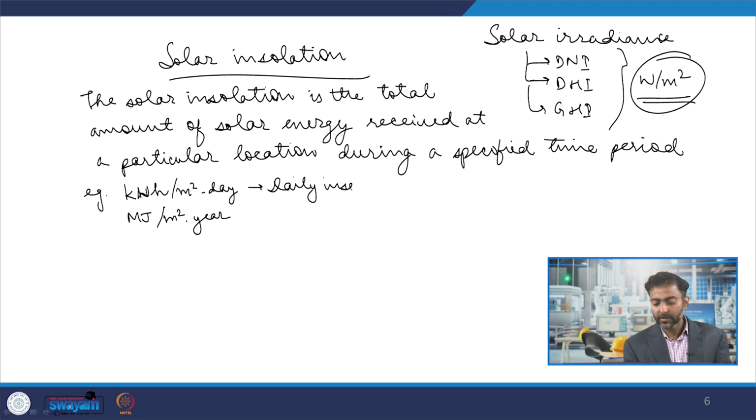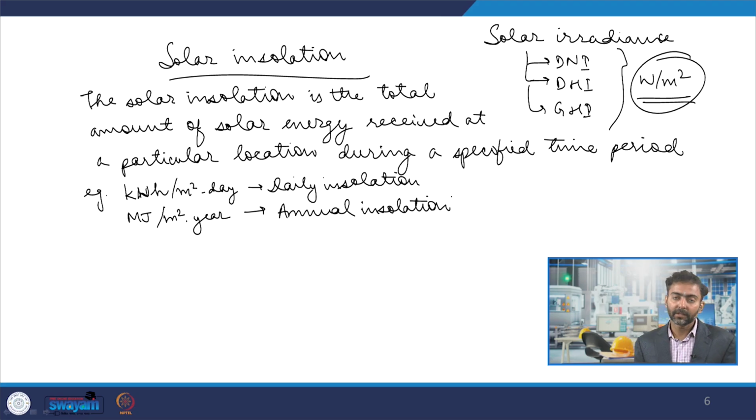How much is the total energy which is incident on a unit area over a period of a day. This is like the annual insolation. The total amount of energy which is incident on a unit area in the entire year. So like that we can define daily, monthly, annual, weekly, different types of solar insolations, and we understand that this is basically the energy over a unit area over that particular time period.